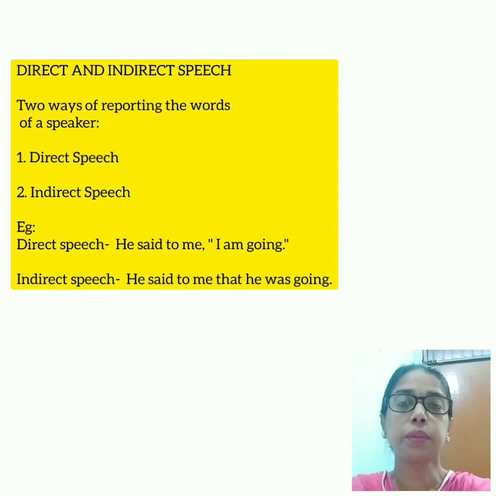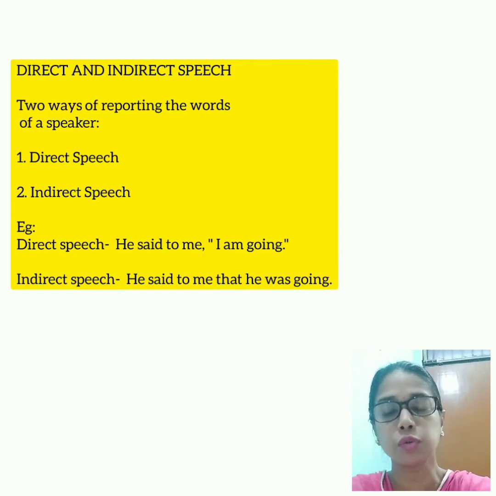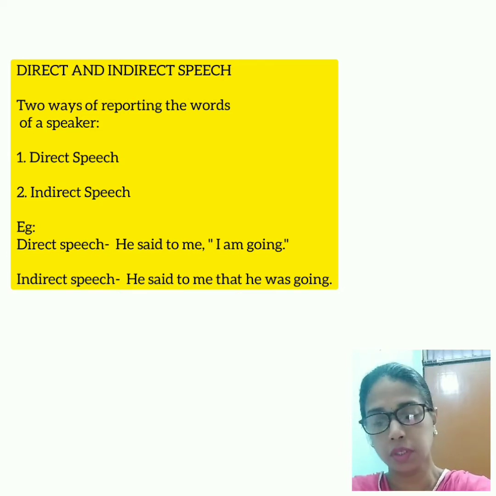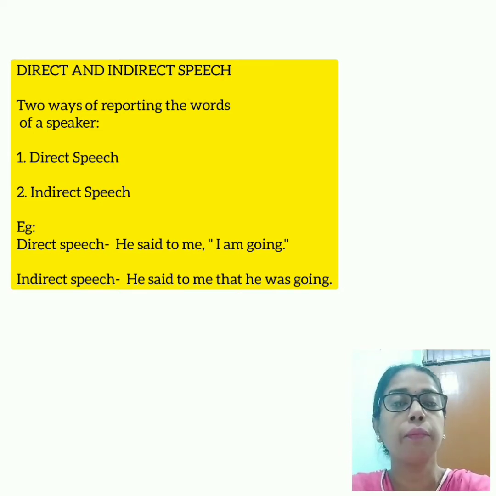Now in the example, there are certain points to be noted. The first is that in the principal clause, he said to me, the word said is called the reporting verb. Then the speech within the inverted commas is separated from the reporting portion by a comma.